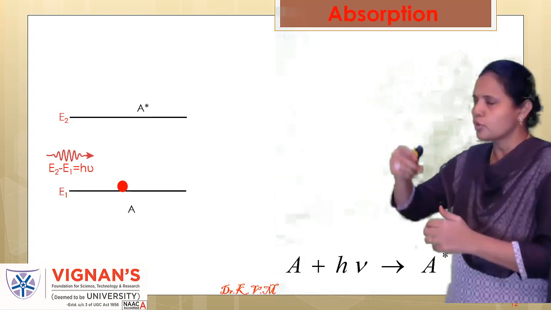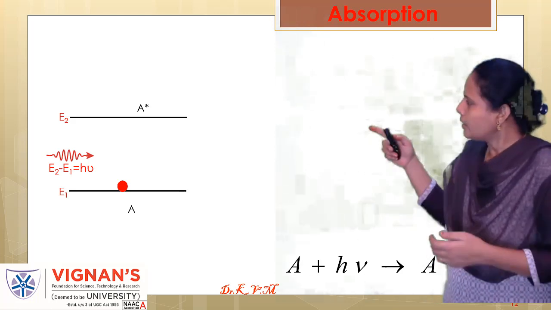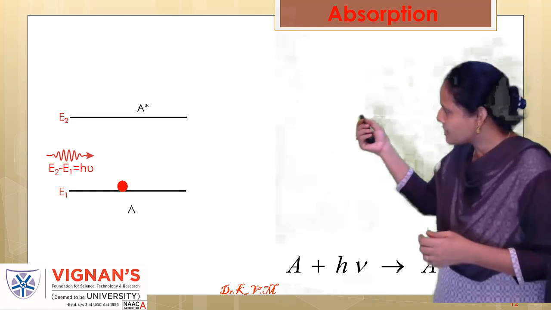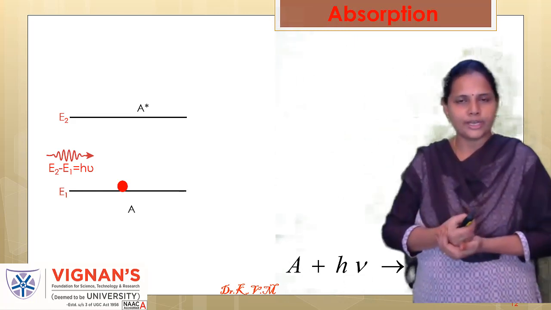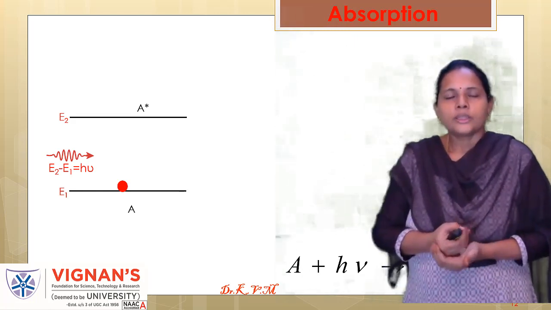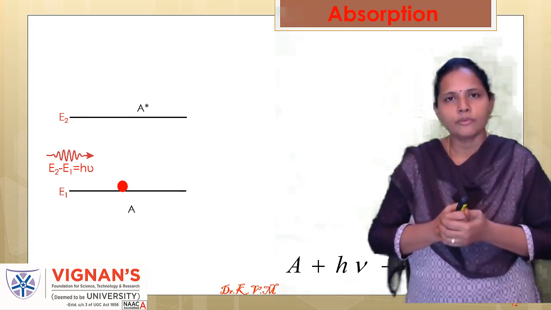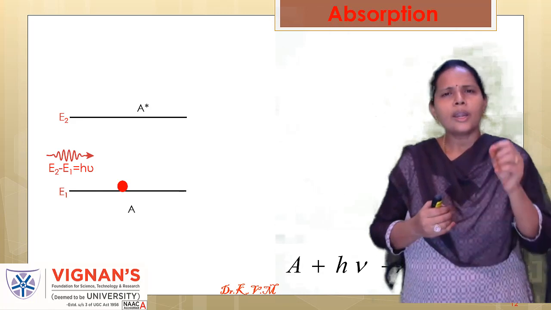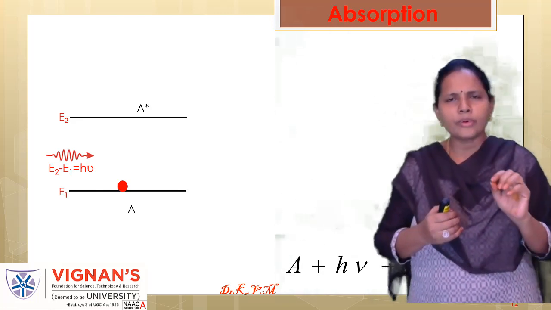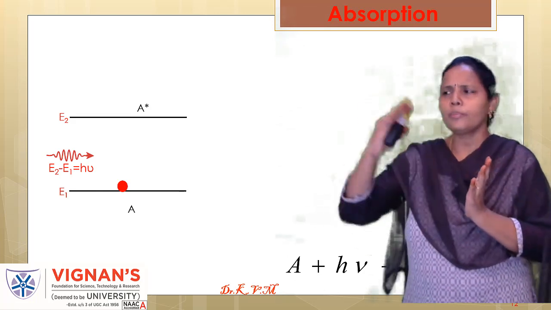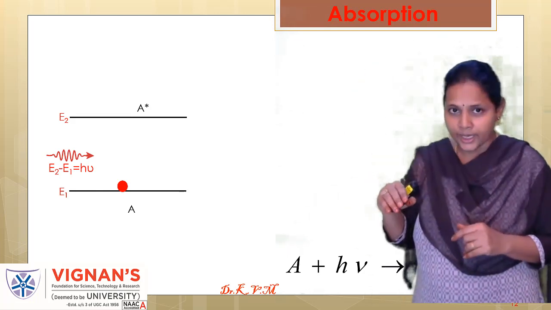Let's move on to absorption. Here you could see two energy levels and A is the atom which is in the ground state. The material consists of identical atoms and each atom can be characterized by its energy levels. There are n number of energy levels for each atom.